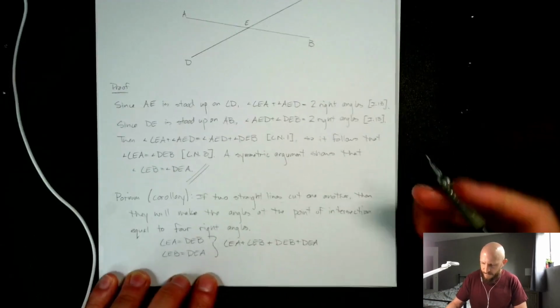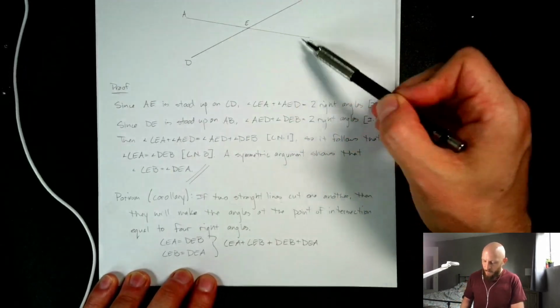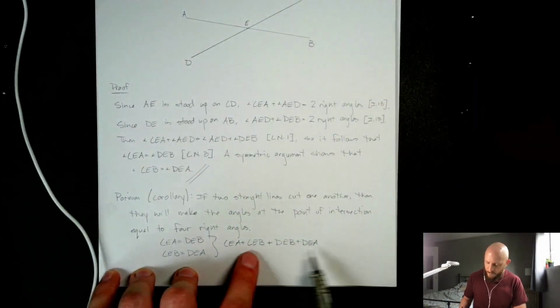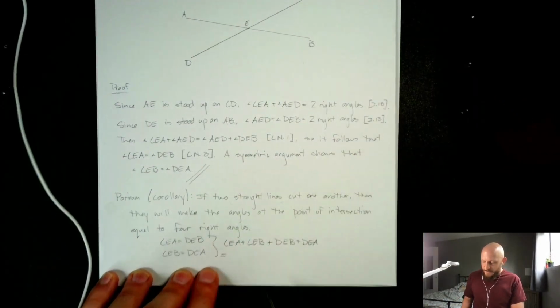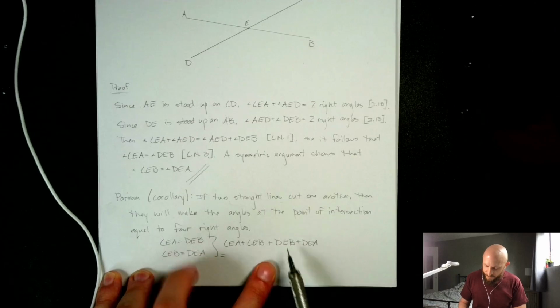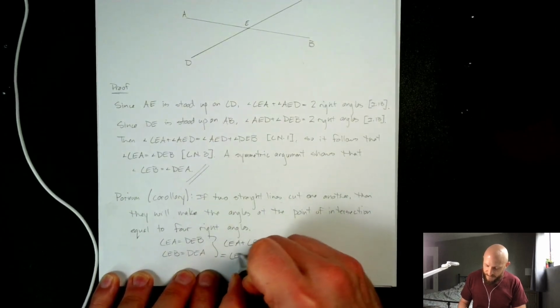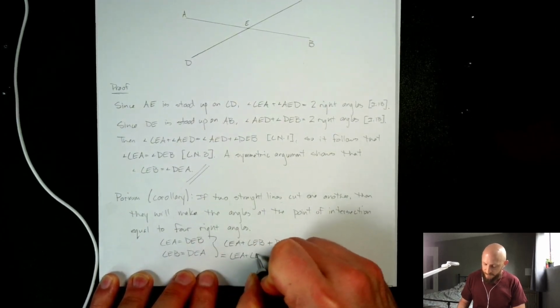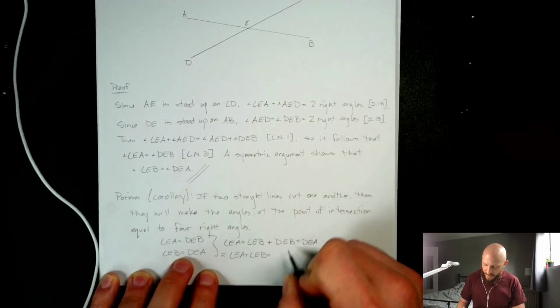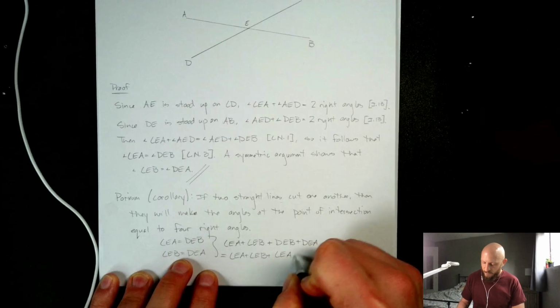So here's DEB, DEA. Well, all of this is equal to, if DEB is equal to CEA, then all of this is equal to CEA plus CEB plus, again, CEA plus, well, DEA is also equal to CEB.